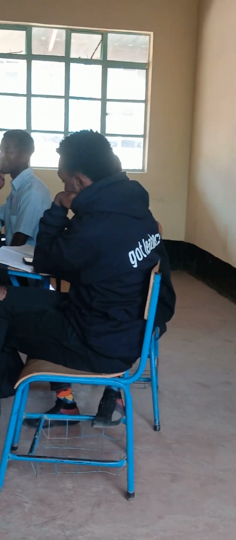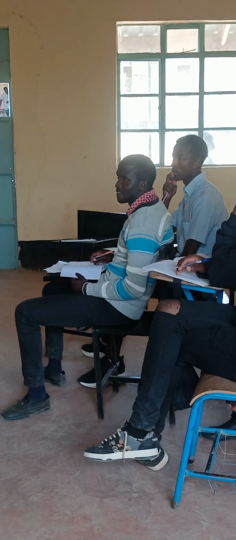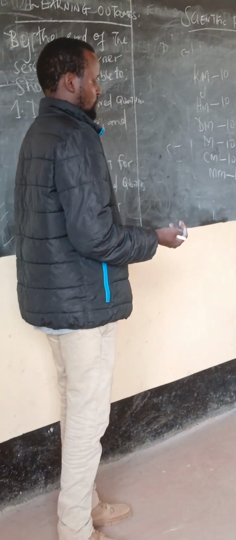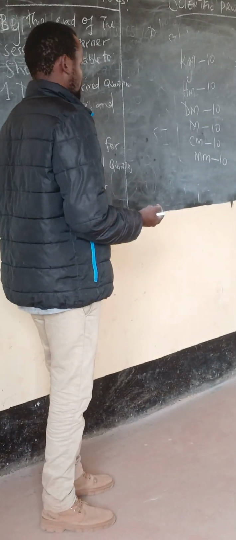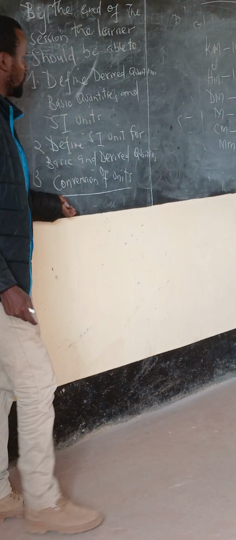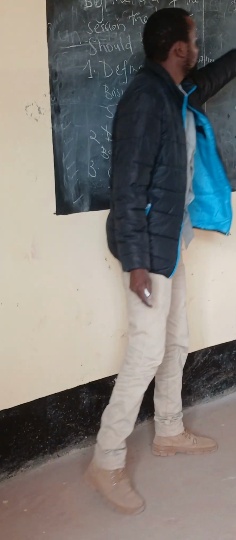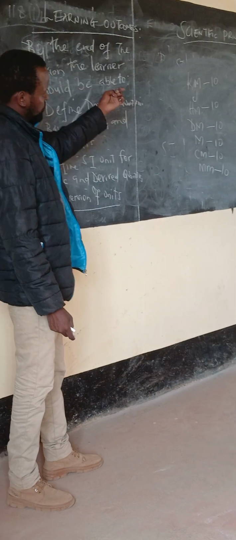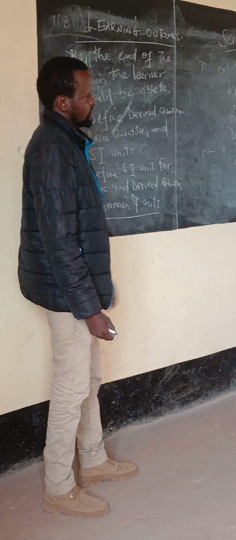But derived quantities, these are quantities that are derived from basic quantities, right? So you cannot get the volume just because you have the length. You must have 3 measurements so that you get the volume. The same way applies here. And then the conversion. You use this formula, right? For you to be able to convert the units, 1 unit into another, and vice versa.